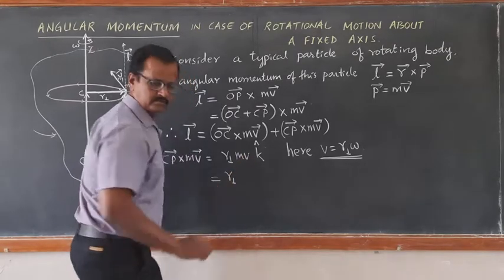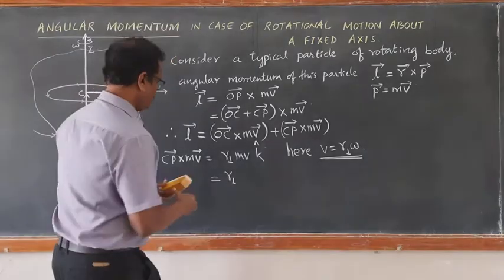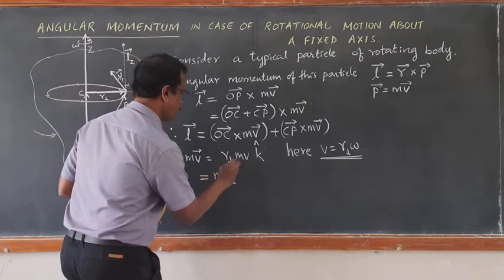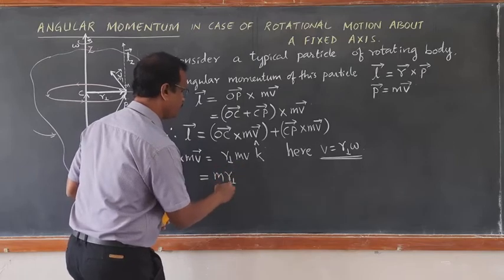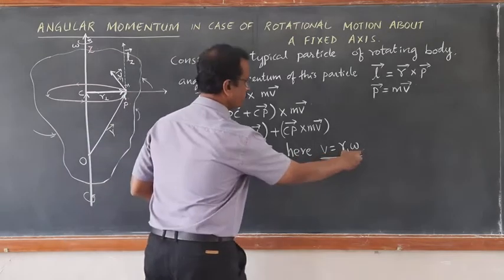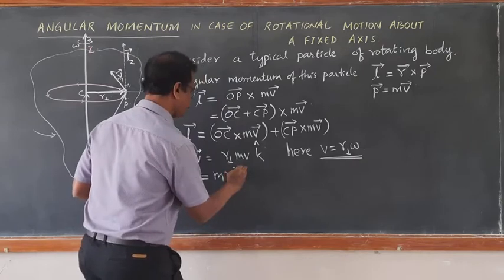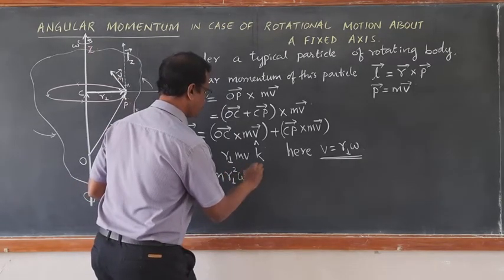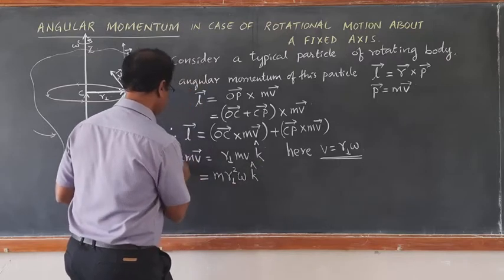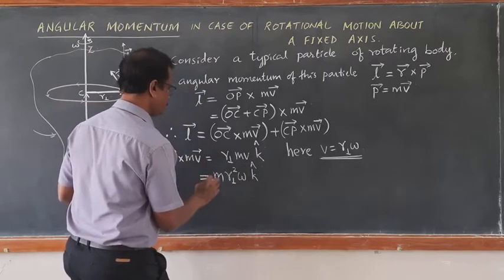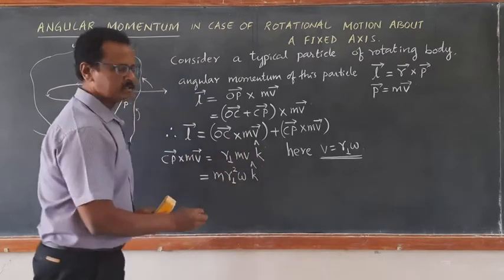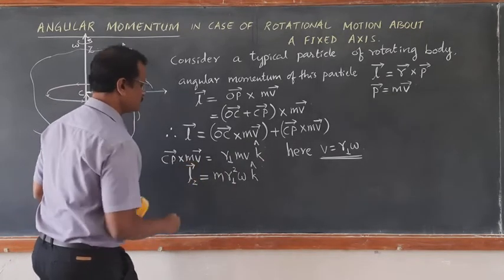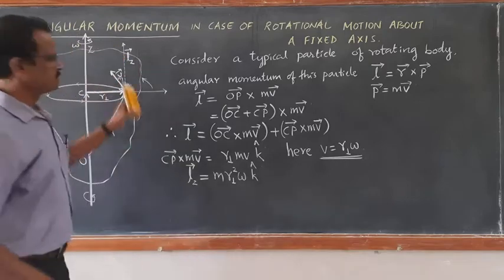I write m r perpendicular already, and the v value is r perpendicular omega. So r perpendicular into r perpendicular becomes r perpendicular square into omega k cap. So this CP cross mv is along the z axis, and I will represent it as Lz, along the z axis.